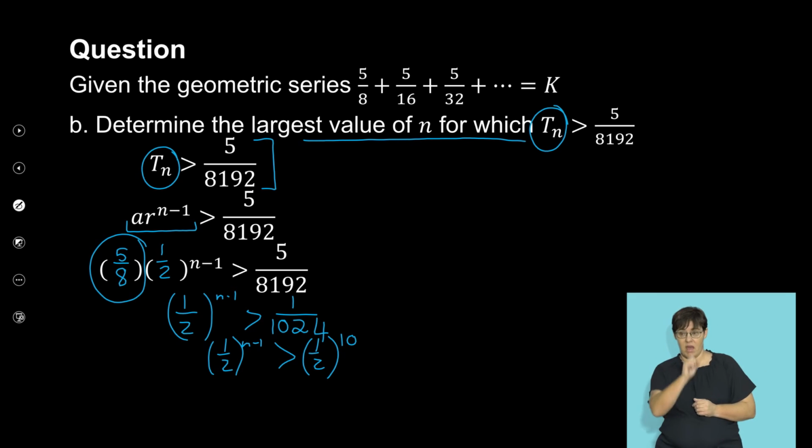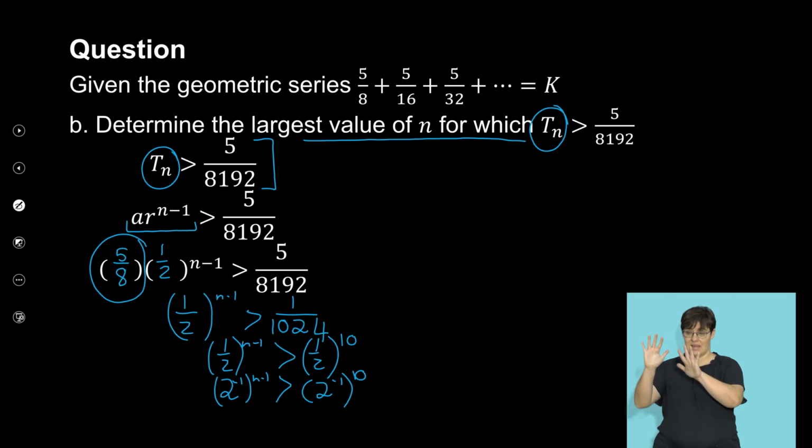But I have to remember that a half is the same thing as 2 to the power of negative 1. So it's going to be 2 to the power of negative 1, n minus 1, is greater than 2 to the power of negative 1 raised to the power of 10. So essentially, my inequality will say negative n plus 1 is greater than negative 10 because I'm allowed to drop the like bases.